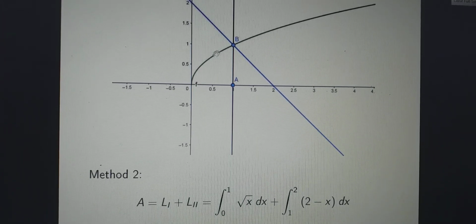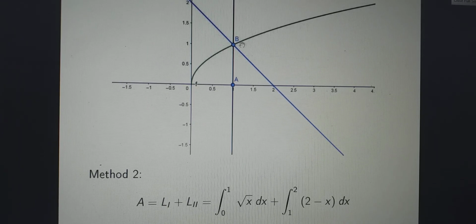First, we find the area of part 1, this region. In this region there is only the green curve, so we can find the area by integrating from 0 to 1 with square root x dx.